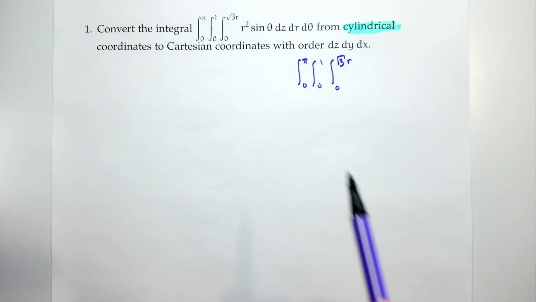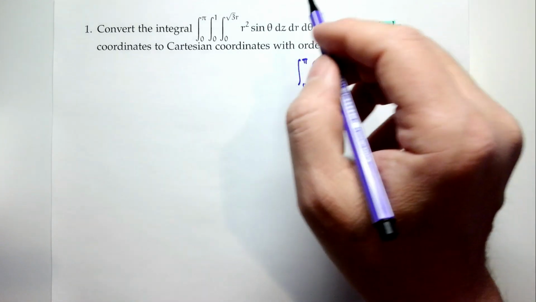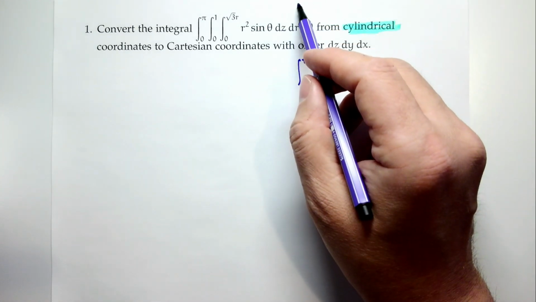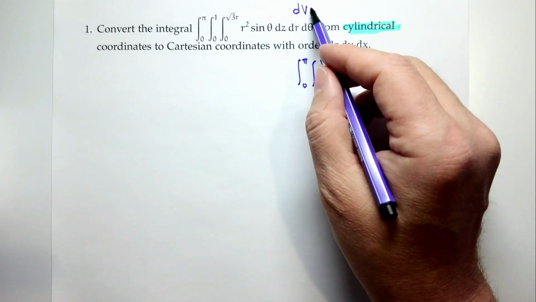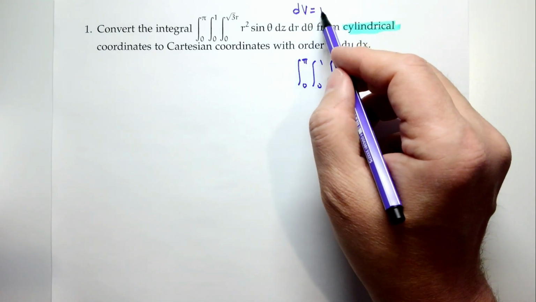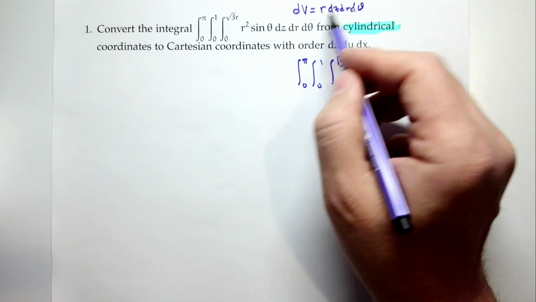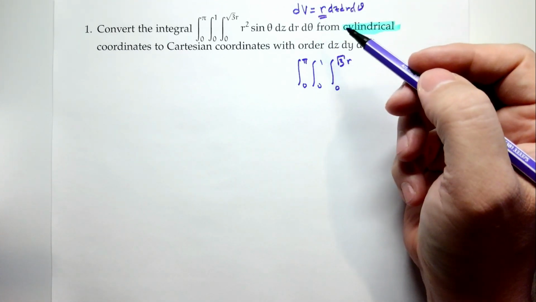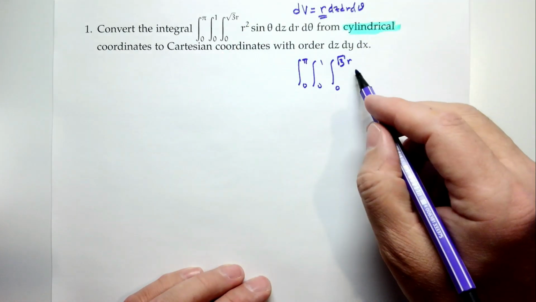Now, let's think about this last part, dz dr d theta. What we really want at the end is our dv. In cylindrical coordinates, dv is r dz dr d theta. This r is important. So we're going to take one of the r's here and pull it off to the end.